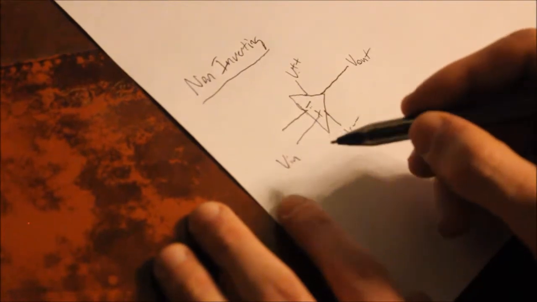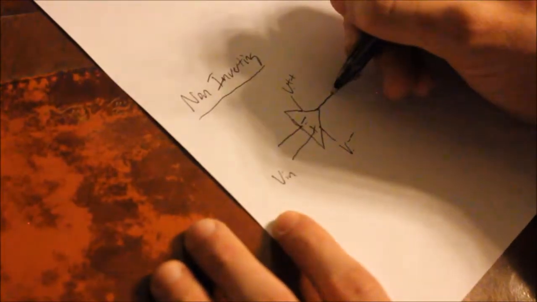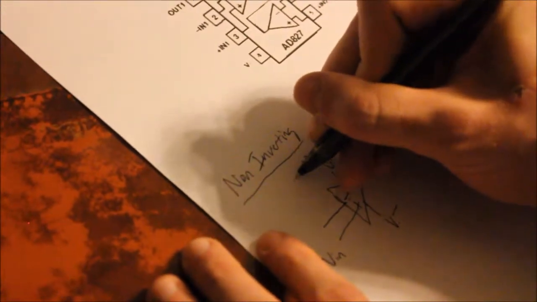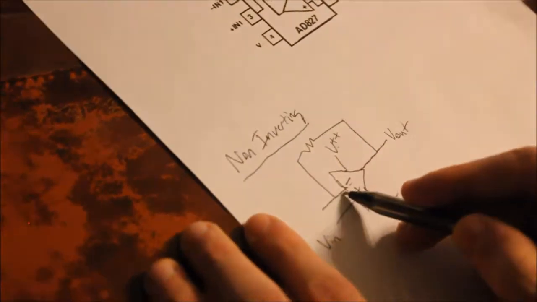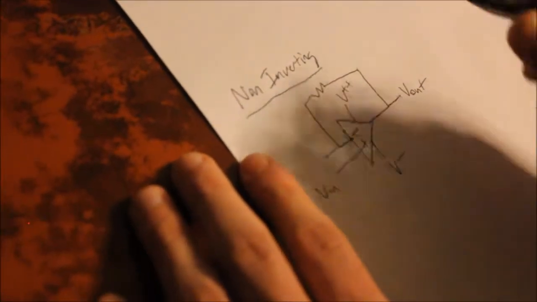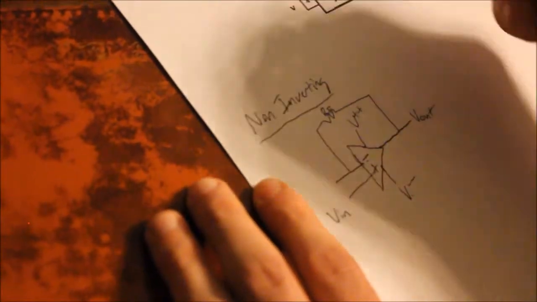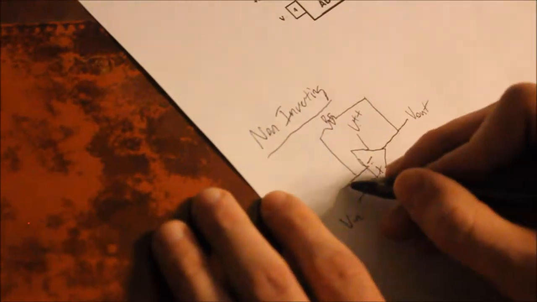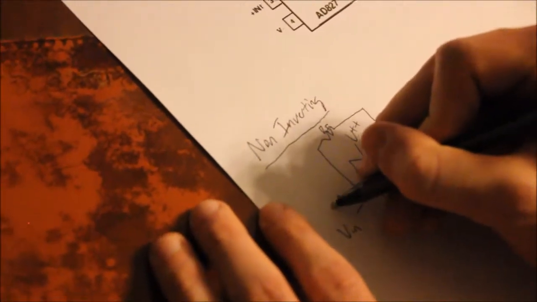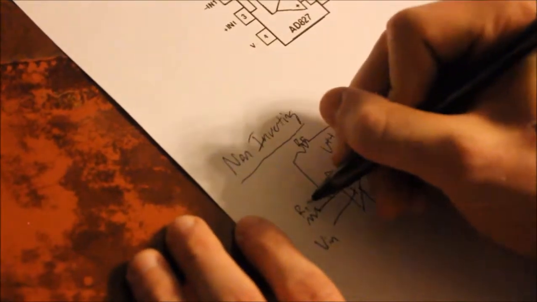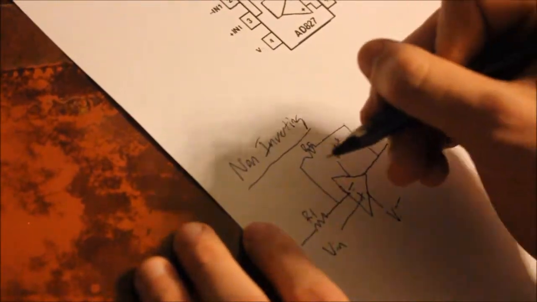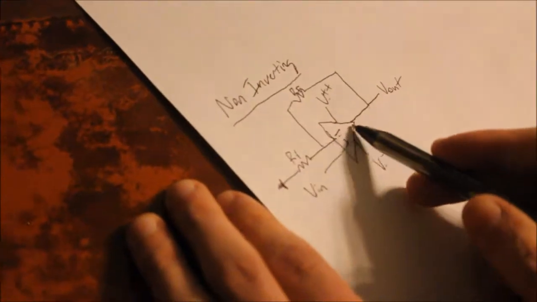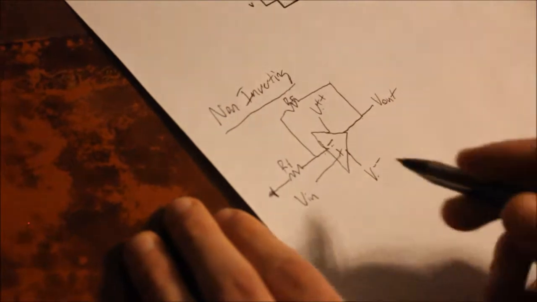To calculate the gain, what we have is, in parallel with the inverting input and V out, this resistor RF. In series, well, I guess in parallel with that also, we have this resistor out here called RI. And this inverting input is grounded because we want it to be non-inverting.